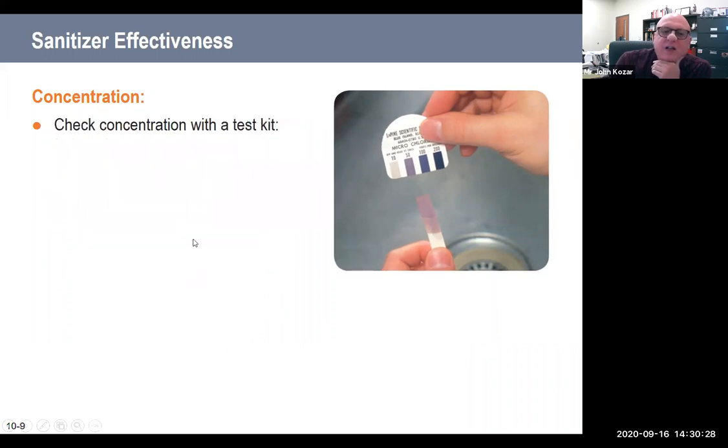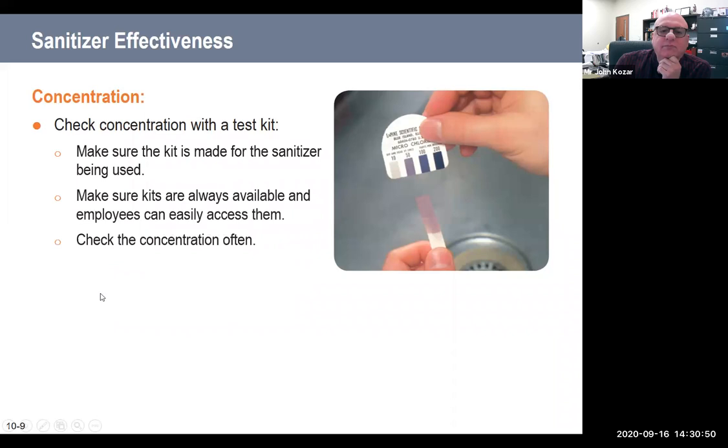So we have concentration test kits. Let's take a closer look at this. This is a chlorine test strip, and it goes in shades from light gray all the way to black. The color that you're looking for is going to be right in the center between this color and the darker black. You want to make sure that you're only using this kit to test chlorine.